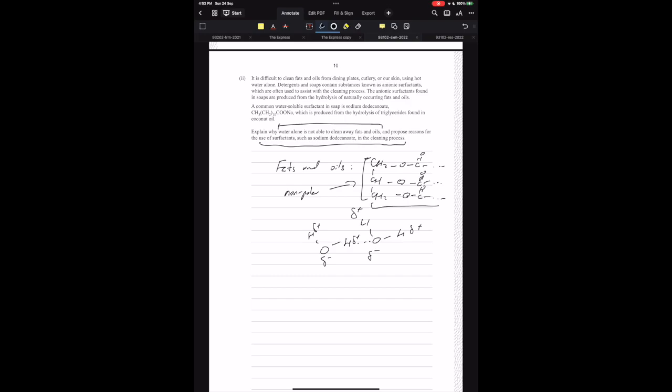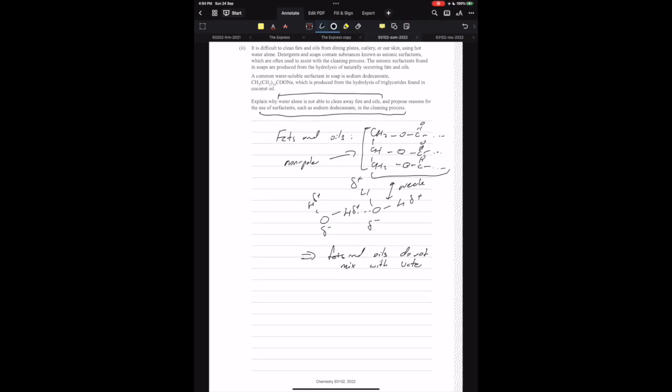And the water molecules would be unable to be separated by the oil molecules, and the oil molecules would be unable to be separated by the water molecules, because the attractions between these two are way too weak, because one is polar and one is not. And so you can't overcome any of the networks of intermolecular bonding in either of these substances, and so you can't mix fat and oils. So therefore, fats and oils do not mix with water.